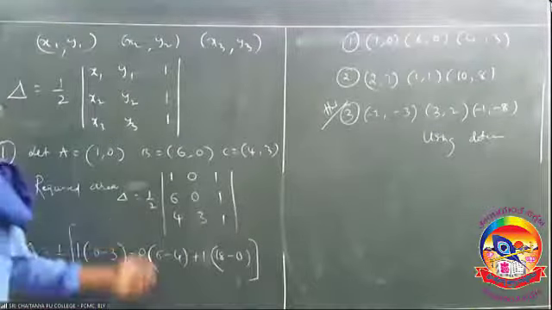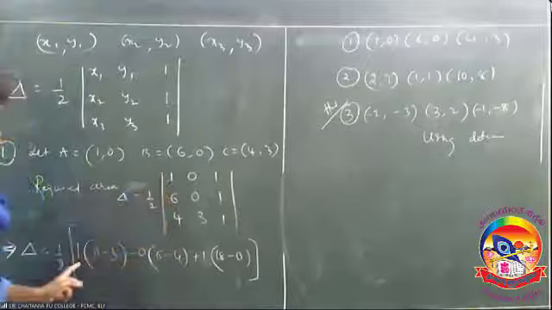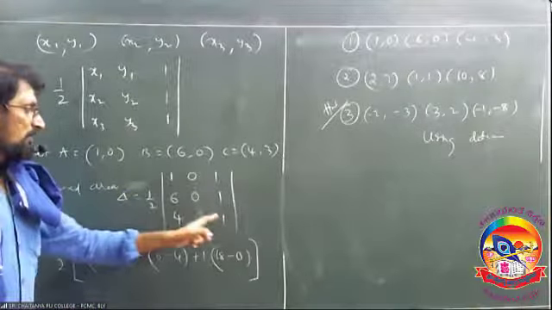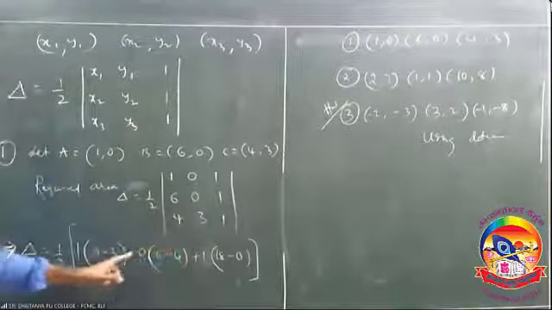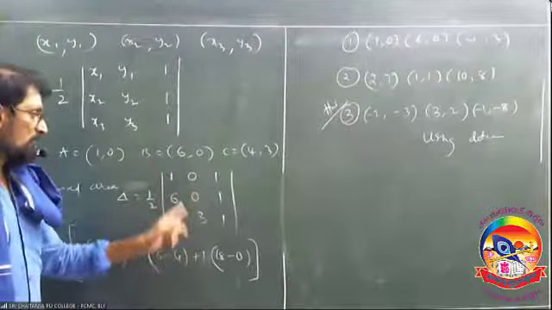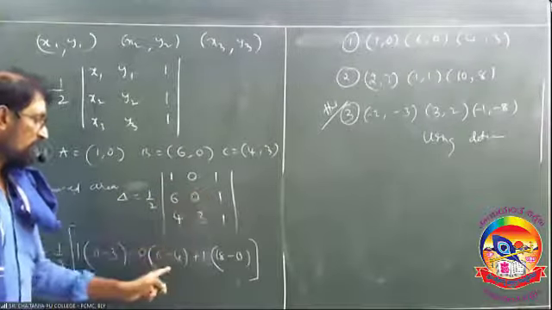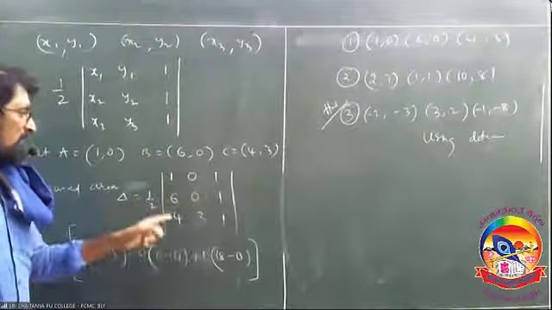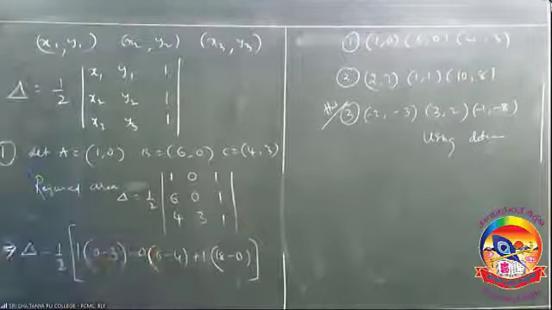1 by 2 into 1 into, excluding this column and this row, 0 minus 3, minus 0 into, excluding this column and this row, 6 minus 4, plus 1 into, excluding this column and this row, 18 minus 0.